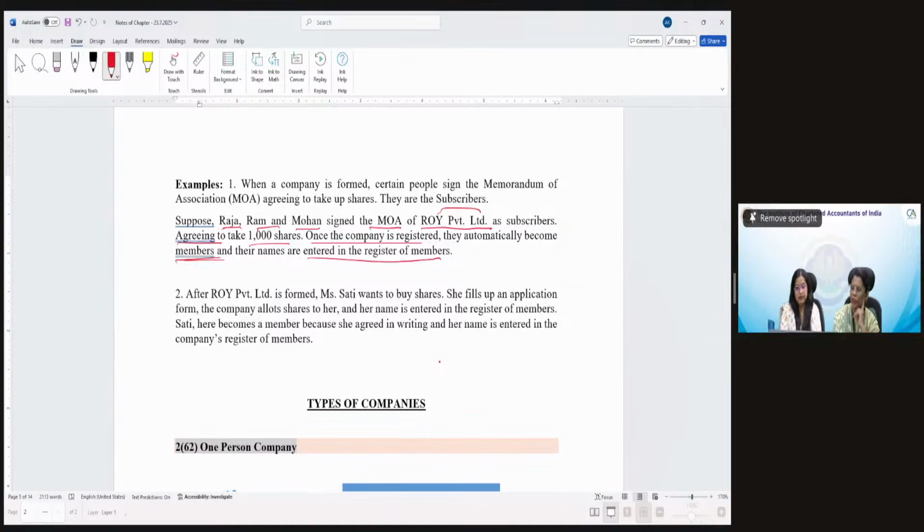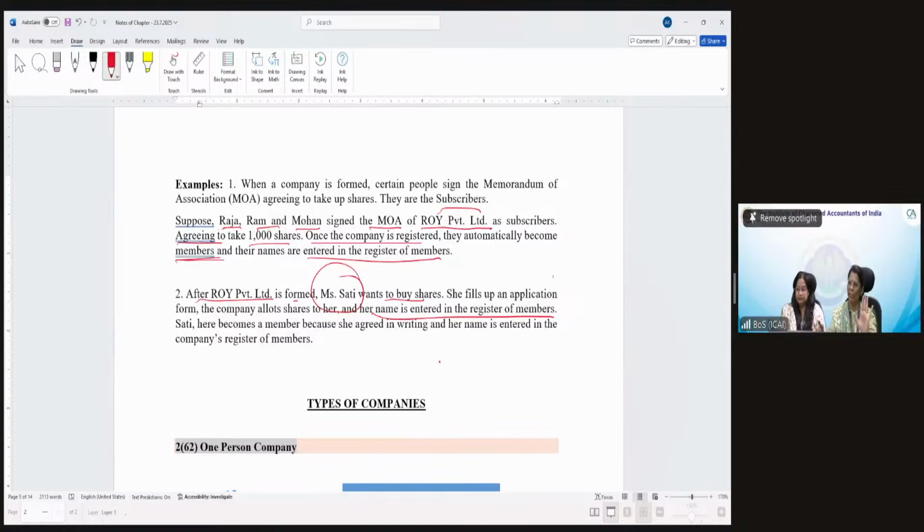So this is clear. Now let's take a further situation. After Roy Private Limited is formed, one Miss Sati wants to purchase shares in the company. She fills up an application and the company allots the shares and her name is entered in the register of members.